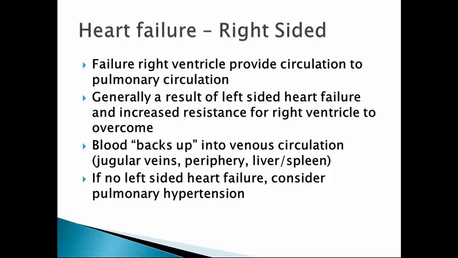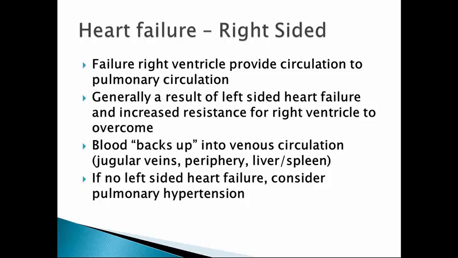Now, heart failure doesn't only occur on the left side of the heart. We think so much about the left side of the heart that we forget the right side. But when you see right-sided heart failure, it's the failure of the right ventricle to provide circulation to the pulmonary circulation. Frequently, right-sided heart failure is a result of left-sided heart failure and an increased resistance that the right ventricle has to overcome.